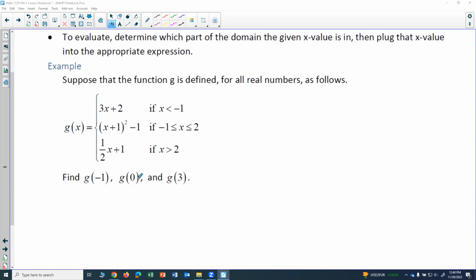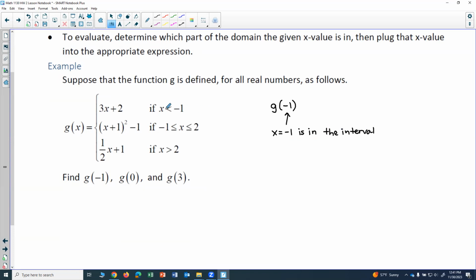So the first one is g of -1. So I'll go ahead and write this over here. So first I have g of -1. So remember, what's in the parentheses, that's the x value. So I would have x equals -1 is in the interval, and I have three choices here.